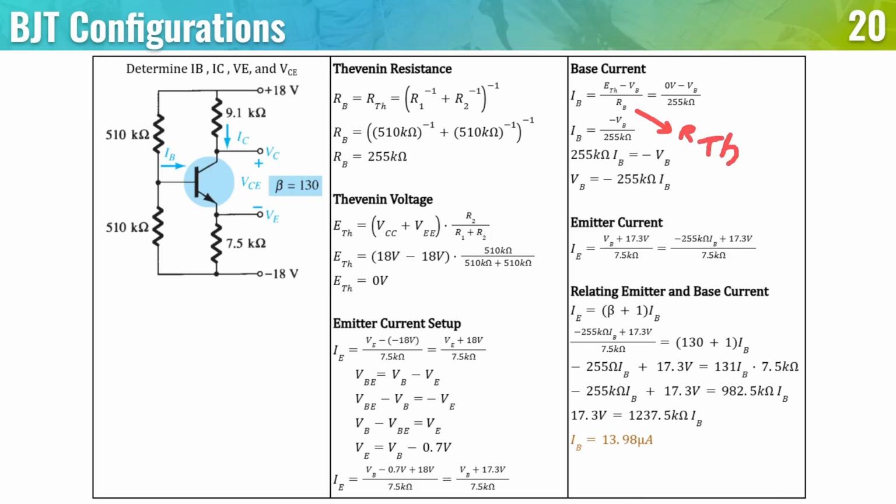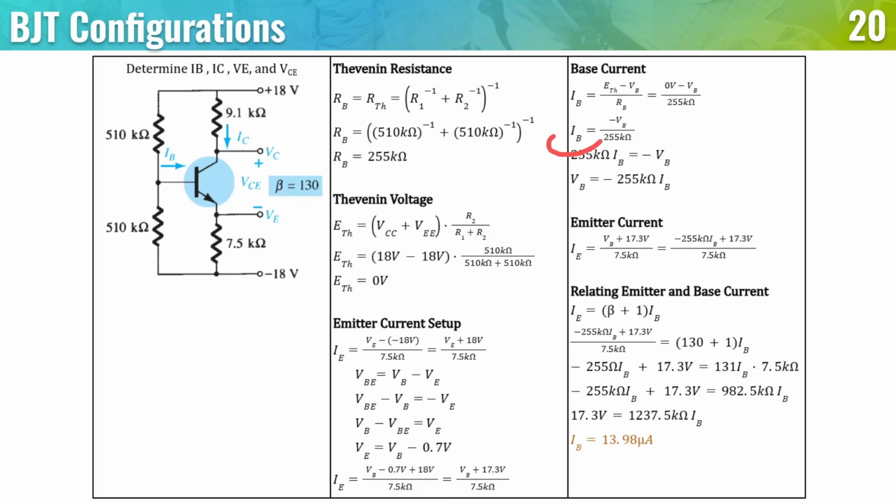So we already have an established value for 0 volts and an established value for 255 kilo ohms. However, we cannot assume that VB is equal to ETH, at least not yet. So IB is going to equal negative VB all over 255 kilo ohms.